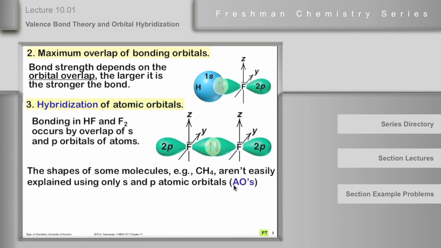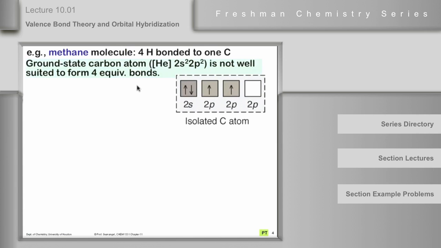So here's where we have to do the hybridization. Linus Pauling, again, had a lot to do with this. And if we take the methane molecule, what he said was that the ground state carbon atom, in other words, 2s2, 2p2, is not well suited to form 4 equivalent bonds.